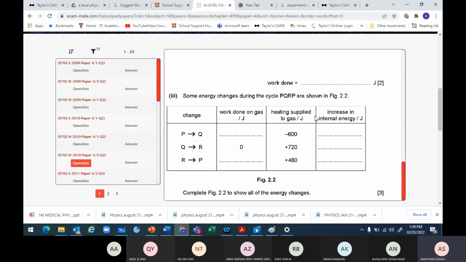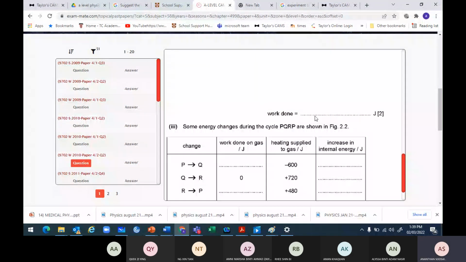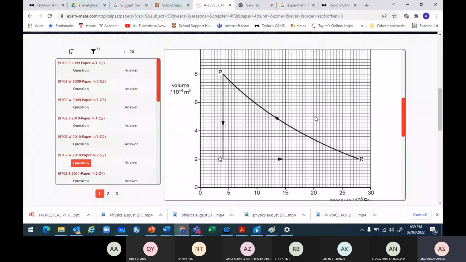How many Joules? Okay, go up. 240. Got 240.